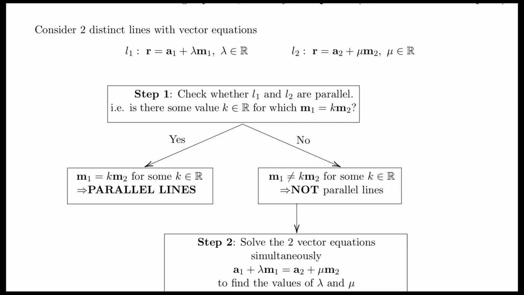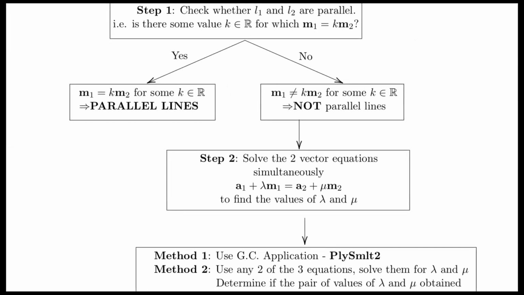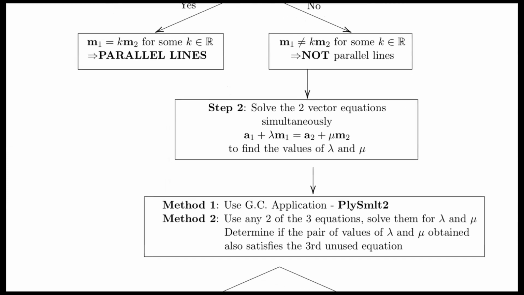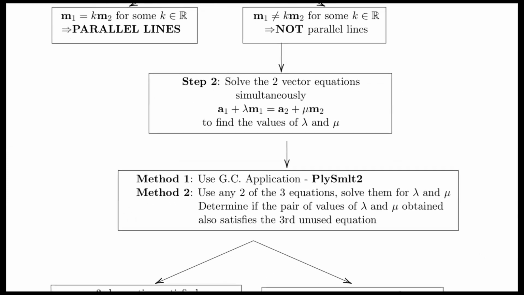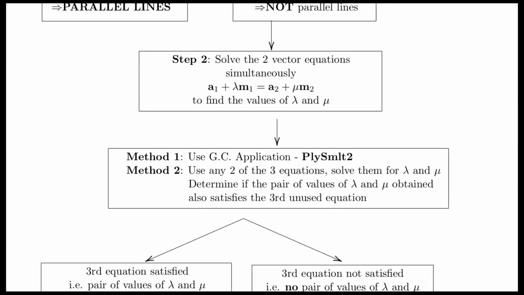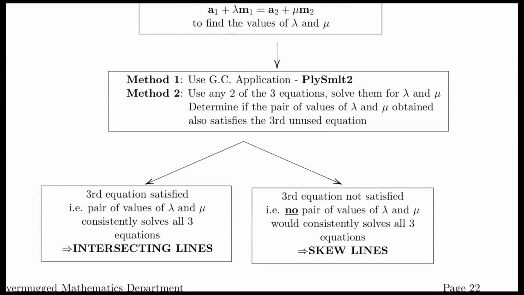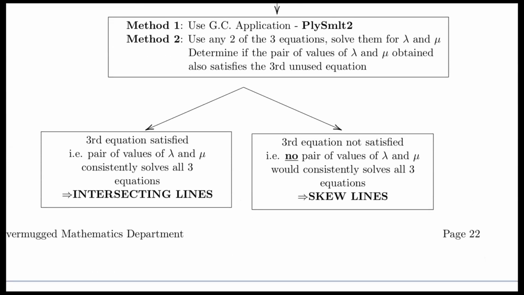If it's not parallel, then you move on to step two, which is to solve the two equations simultaneously to find the values of lambda and mu. Two methods are written here. Basically, if you can find consistent values of lambda and mu, the lines are intersecting, meaning there exists a point common to the two lines.